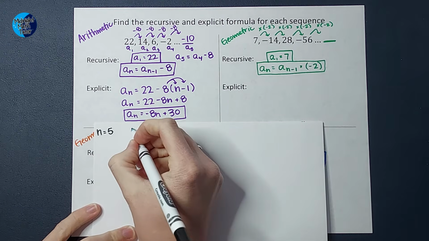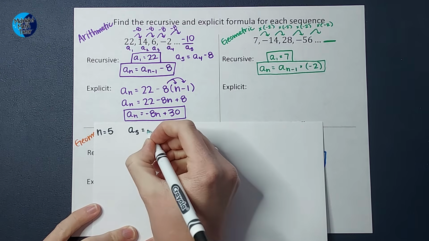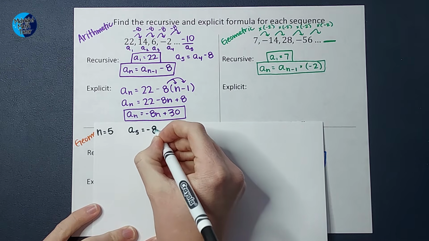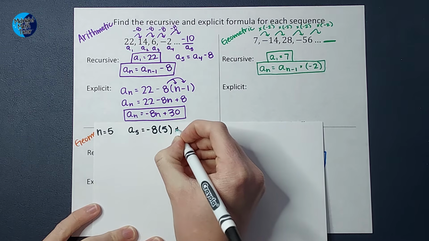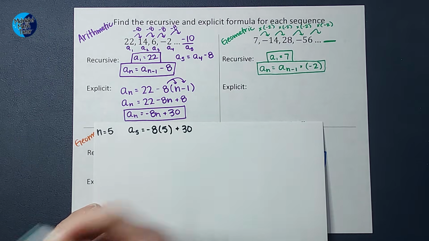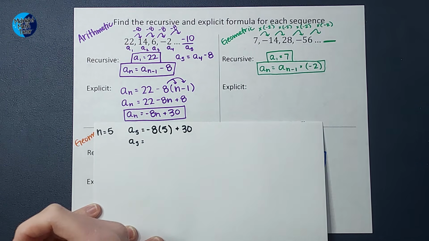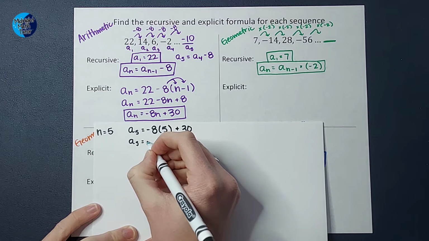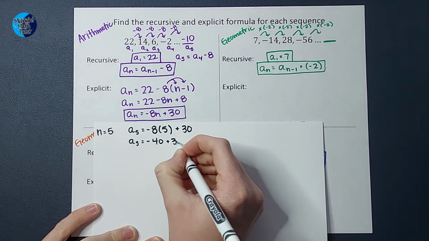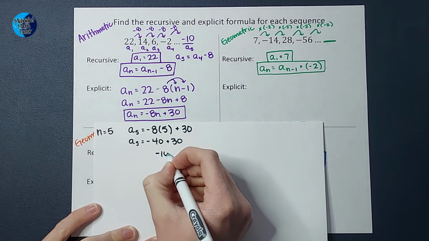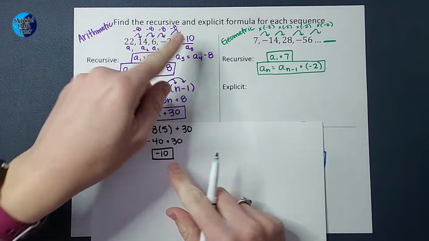So a sub 5 equals -8 times n, which is 5, plus 30. So a sub 5 equals -8 times 5, which gives me -40. And then I add 30. And what does that give me? Oh my gosh, that gives me -10. So we got the same answer. That makes me feel confident.